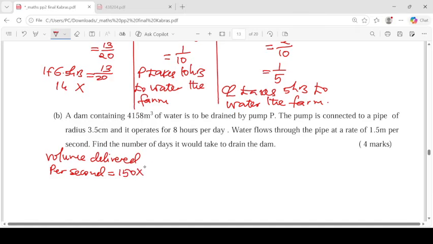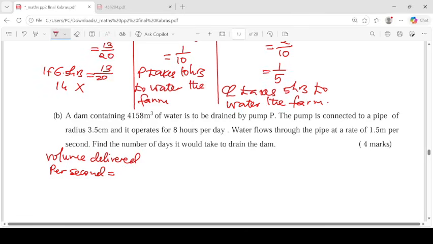But let me first start by giving the formula because someone might get stuck, and it also helps in revision.